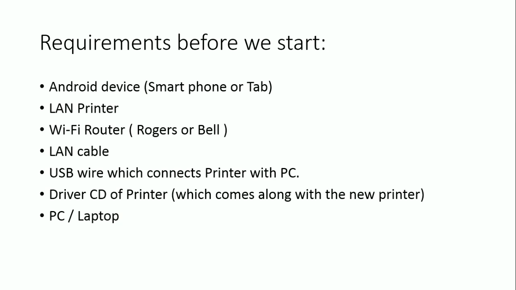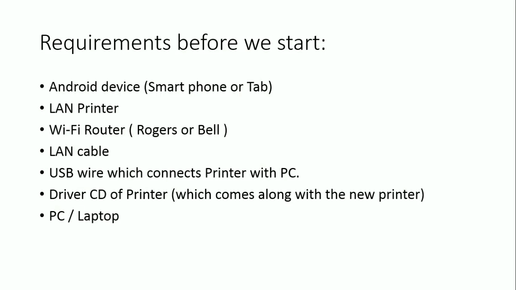Let's start with the requirements of the products which we need to complete this configuration process. First of all, we need an Android device, a smartphone or a tablet, a LAN printer, a Wi-Fi router. It should be either Rogers or Bell.